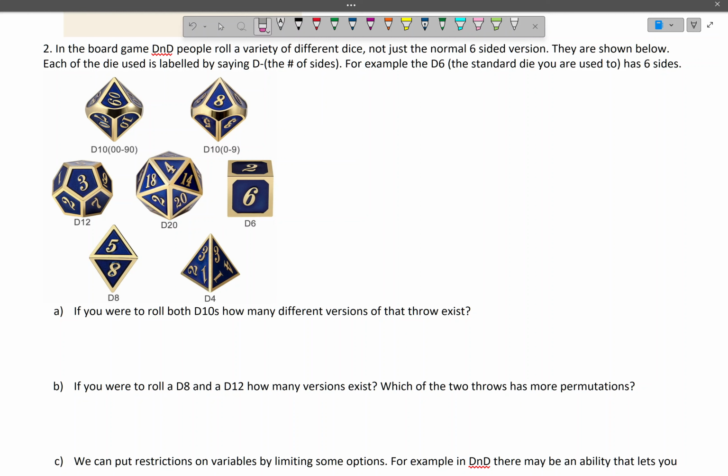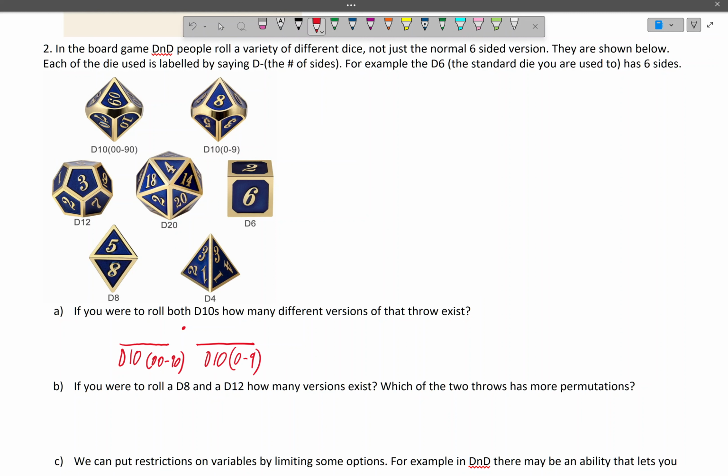So if you were to roll both D10s, and there's a reason why we do this, how many different versions of that throw exist? Well, how do we set this up? So we do D10 from 0 to 90, and D10 from 0 to 9. And how many different options are there?